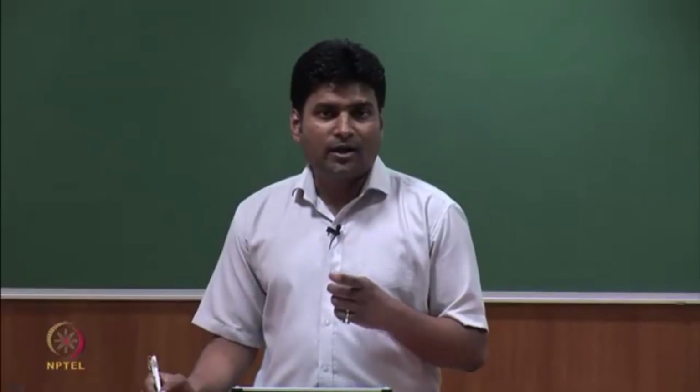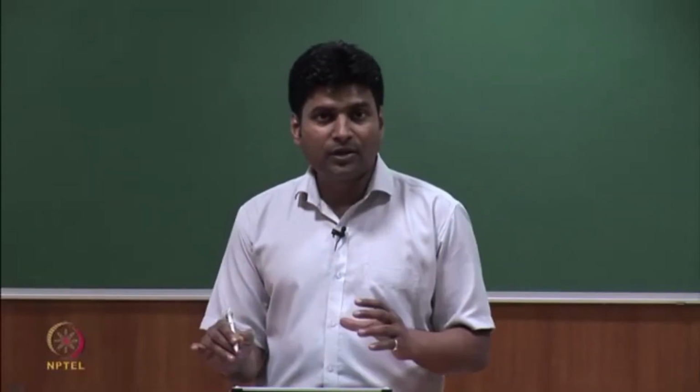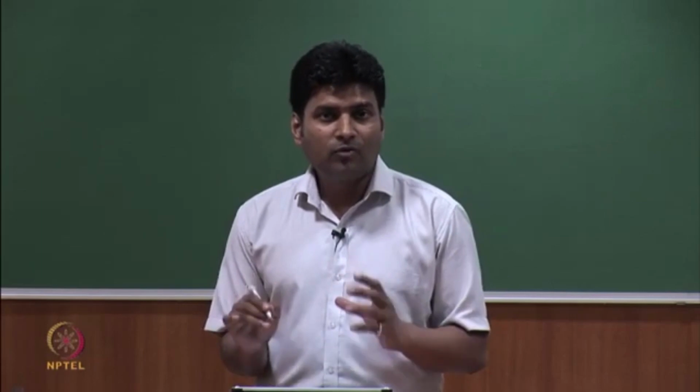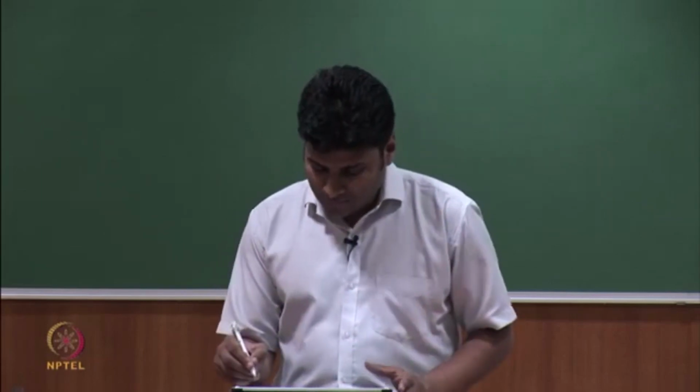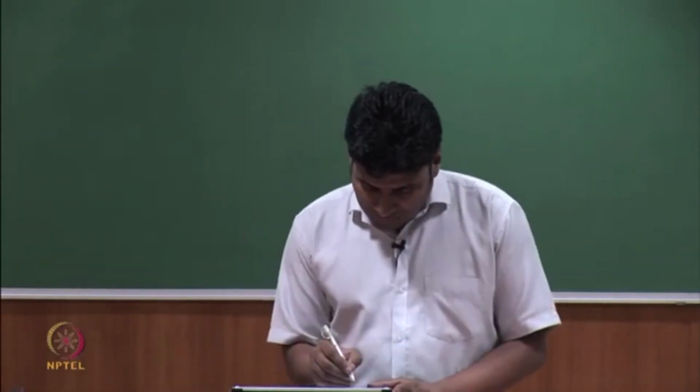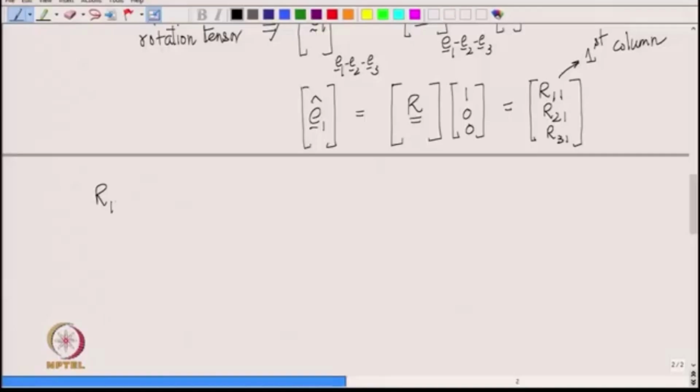In the E1 direction, because we are representing everything in the E1, E2, E3 coordinate system. So, I will just write here that R 1 1 is basically E1 hat dot E1. Similarly, R 2 1 is basically E1 hat dot E2, the component along the second direction.